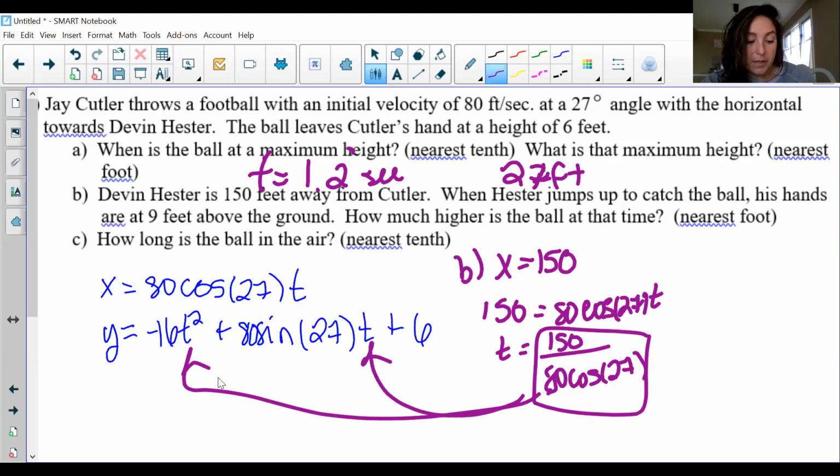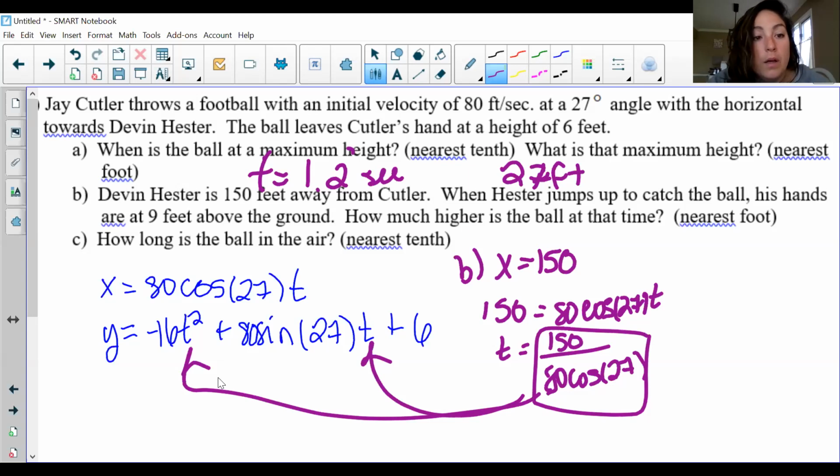Sorry, I was missing a parenthesis earlier. Okay, and then plus 6. And we end up getting our answer of 11.5754.